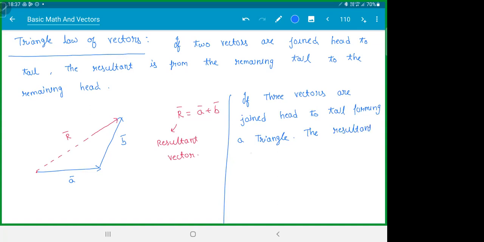Always think of this triangle law in terms of displacement. For example, you travel along A bar, then B bar, and then C bar. Where did you start? You started here. And where did you come back? To the same point. So what's the displacement? 0. So A bar plus B bar plus C bar is 0. I hope that is making sense.